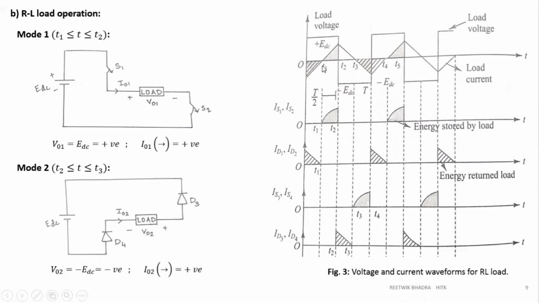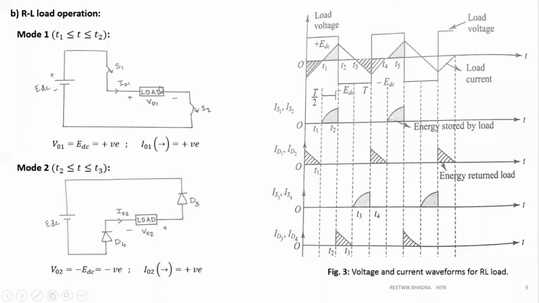So we are studying T1 to T2. S1 is on, V01 current flows through this S1, goes through this load in this direction as stated over here, then goes through S2 back to the negative. Now current I01, in our standard direction of current, is entering the load from left to right. So obviously I01 will be positive. If I01 is in this direction, then for V01 the left hand terminal will be positive and the right hand will be negative.